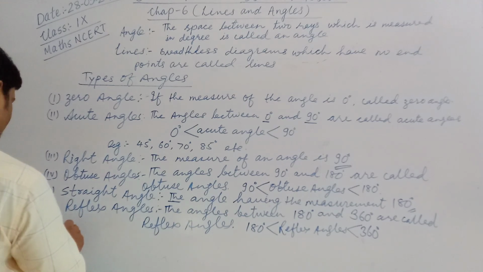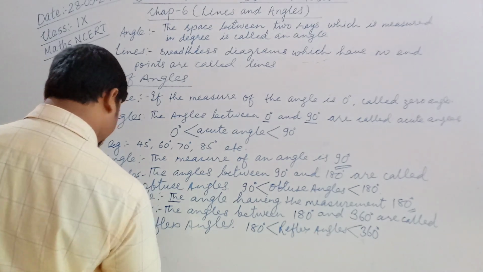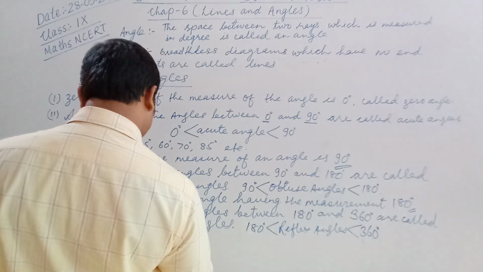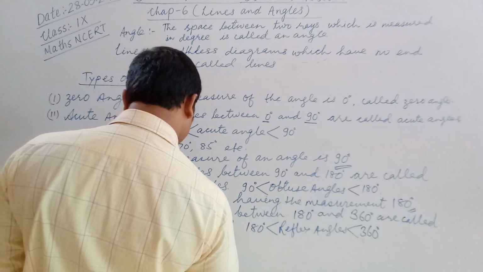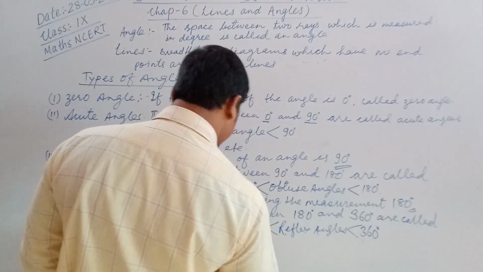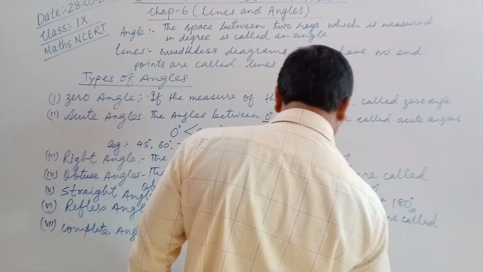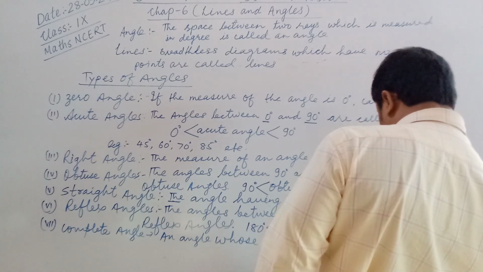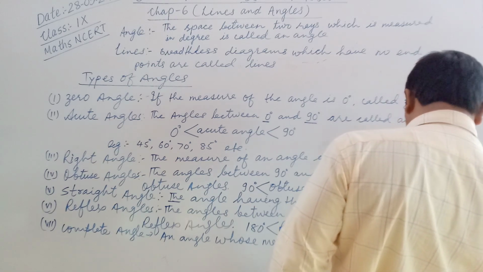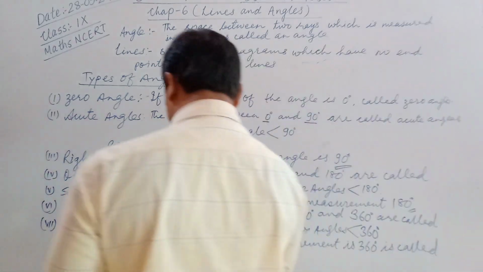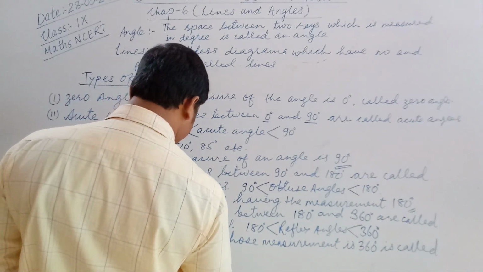Seventh one is complete angle. An angle whose measurement is 360 degree is called a complete angle.